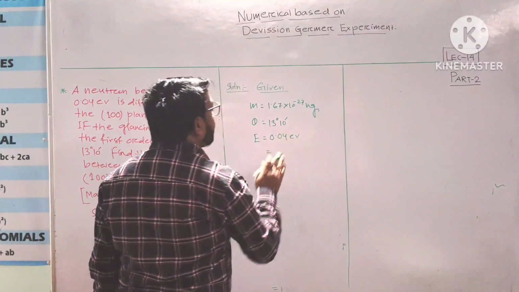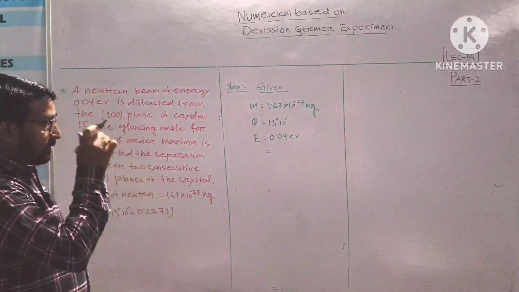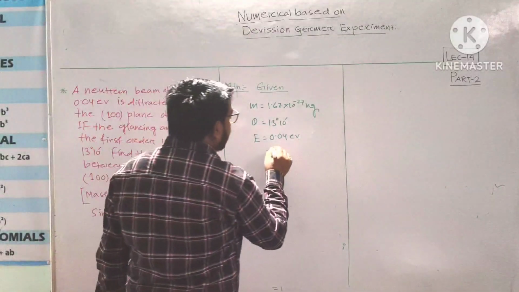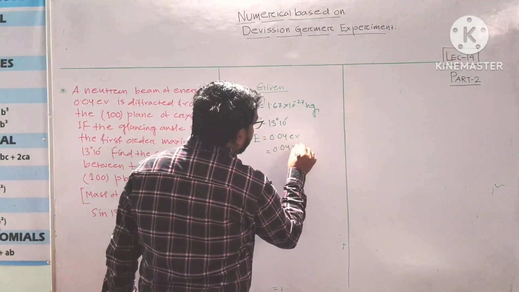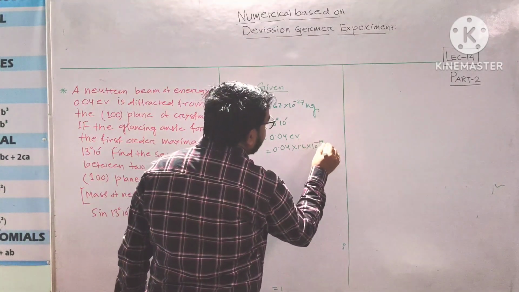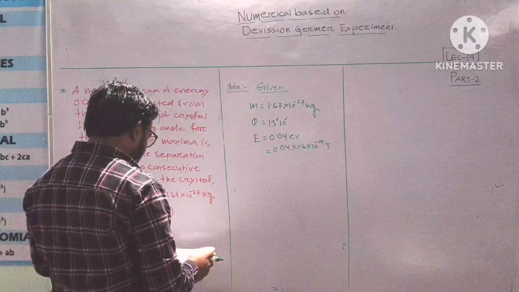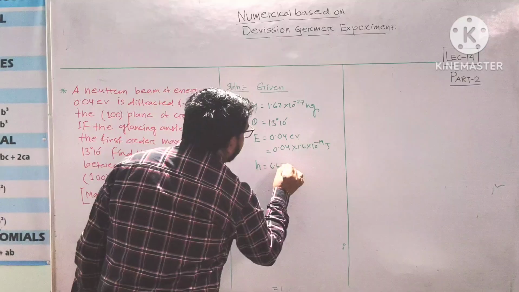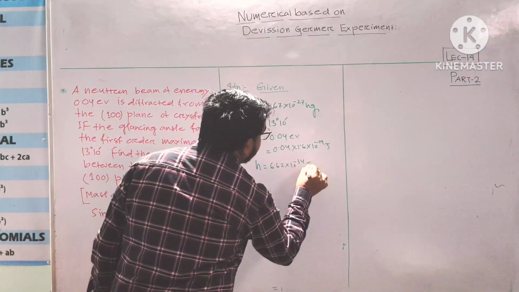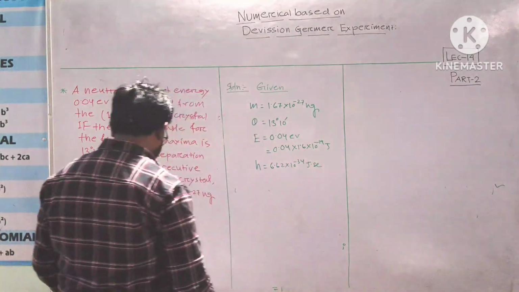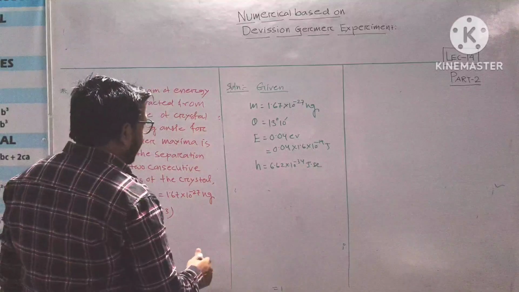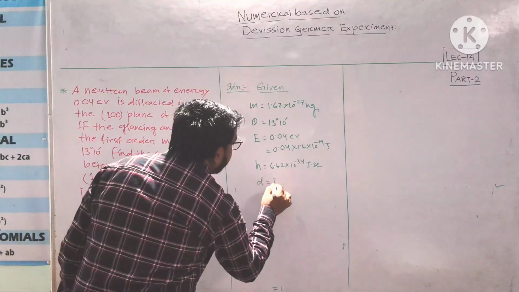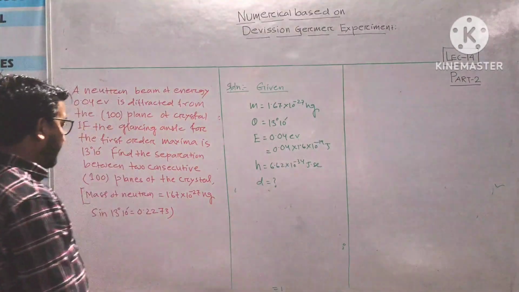We know that electron volt is not an SI unit of energy, so it should be converted to the SI system. So 0.04 into 1.6 into 10 to the power minus 19 joule. Also Planck constant h equals 6.62 into 10 to the power minus 34 joule second. And d equal what? Interplanar spacing, we need to find out.